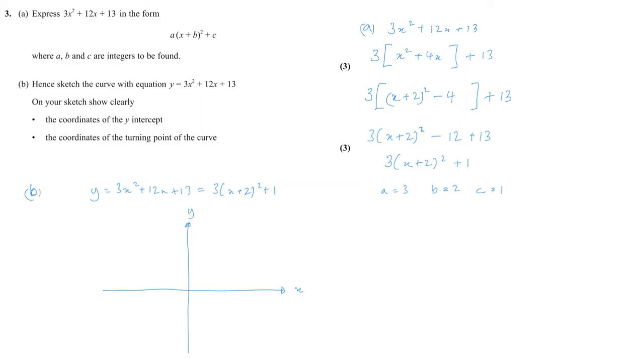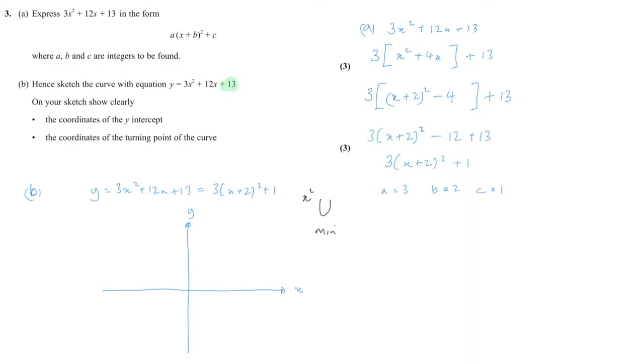Now, in terms of where it's going to cross, we know it's going to cross at 13, because that's the y-intercept. And then we'll look at the minimum point, I'll do this in black. It's a positive x squared curve, so it's going to look like this.